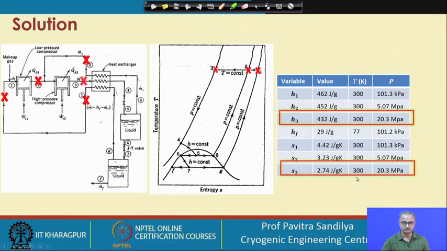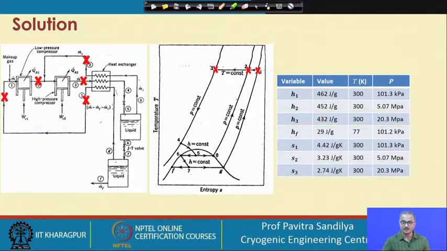Next we go to the third state, that is after the second compressor. Here, after the second compressor, the highest pressure in the system is attained. So at this point again we get the values of H and S. And lastly we have the last point, that is HF, in the second liquid reservoir. Here we are doing an isenthalpic expansion, and we are getting the saturated liquid.